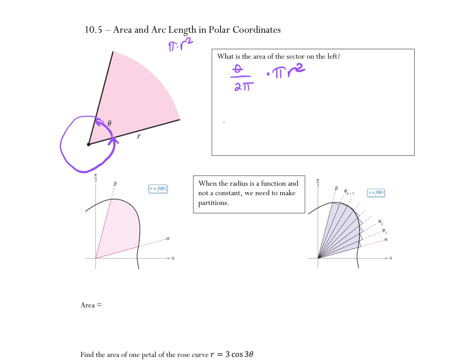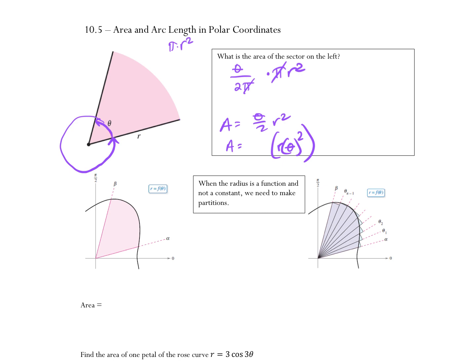And so real quick, we can say that the area of any given sector would be theta over 2 times r squared, because these pi's would cancel out. And r is going to be our function, because we write our polar functions as the radius in terms of whatever the angle is.